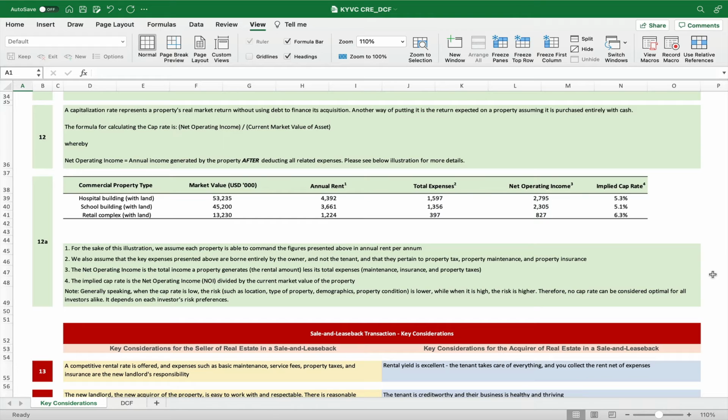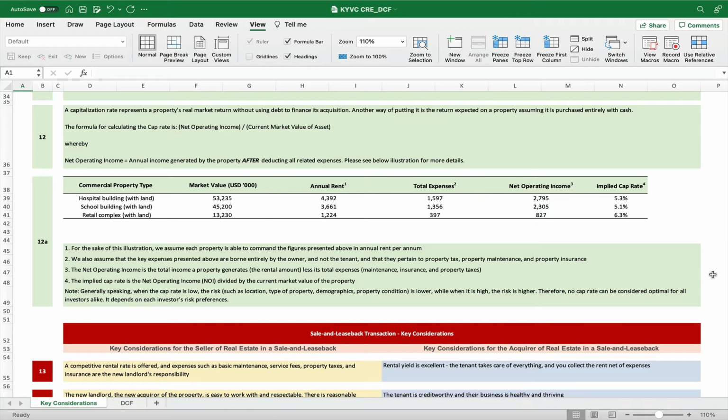The formula for calculating the cap rate is net operating income divided by the current market value of the asset, whereby the net operating income is equal to the annual income generated by the property after deducting all related expenses. Let's look at the illustration below for more detail.